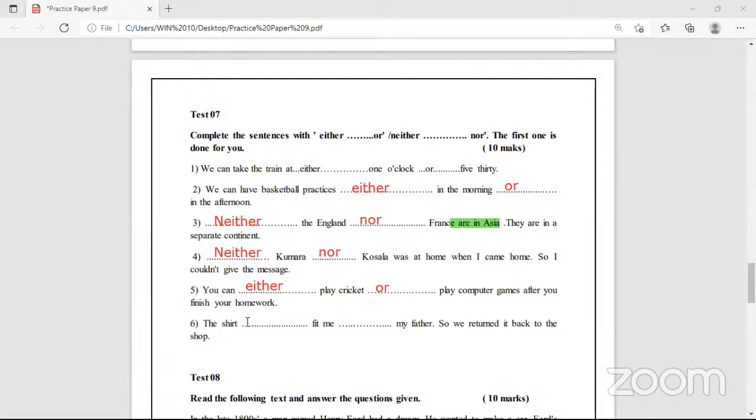Right, last question, the shirt fit me, my father. So we return, right? Return karana negative situation. The shirt neither fit me nor my father. So we return it back to the shop.